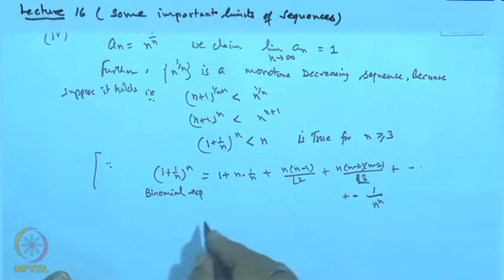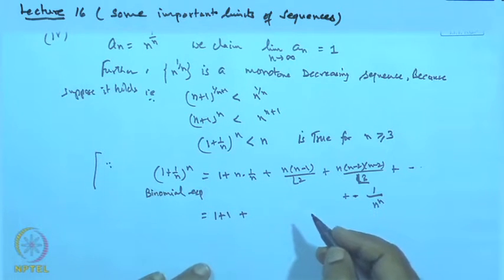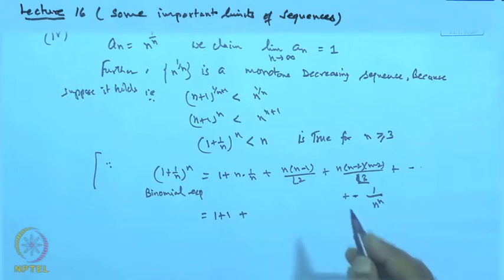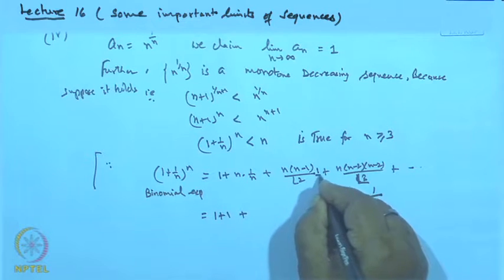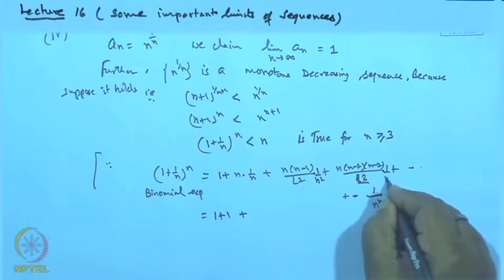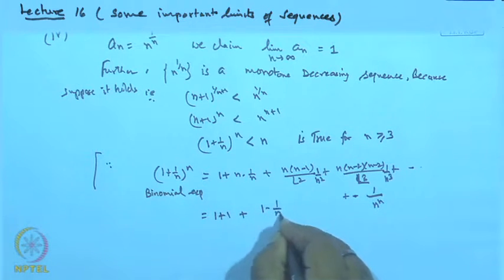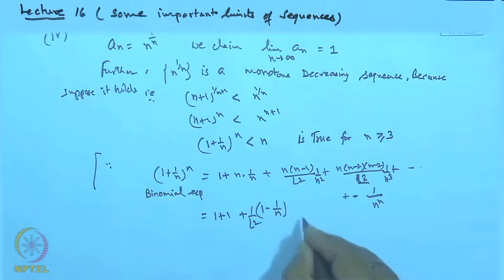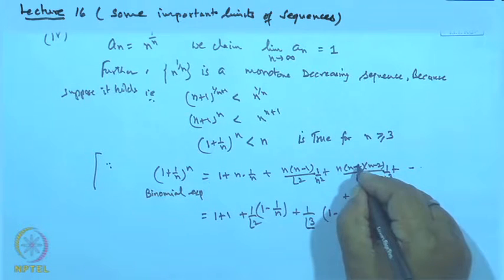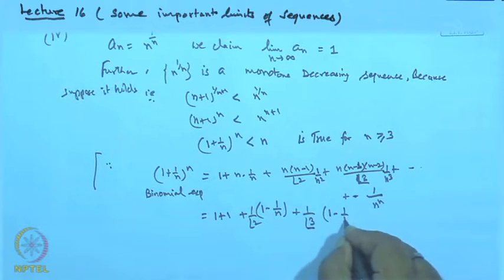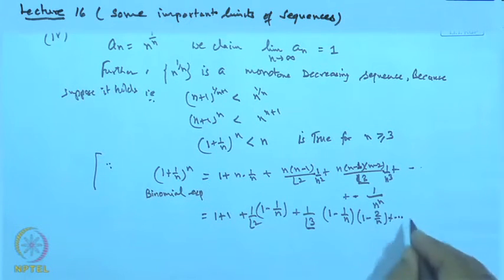Now, this will be equal to 1 plus 1 plus 1 by n squared, with n(n minus 1) over factorial 2 times 1 by n squared, then 1 by n cubed, and so on. So, n gets cancelled, and we get (1 minus 1 by n) by factorial 2, then (1 minus 1 by n)(1 minus 2 by n) by factorial 3, and so on.